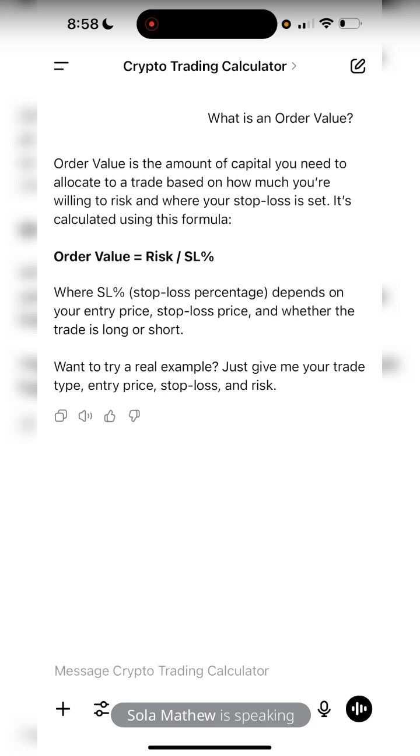For example, you might want to risk 5% of your money, or $20, or $5, or $50. It all depends on how much you are willing to risk.